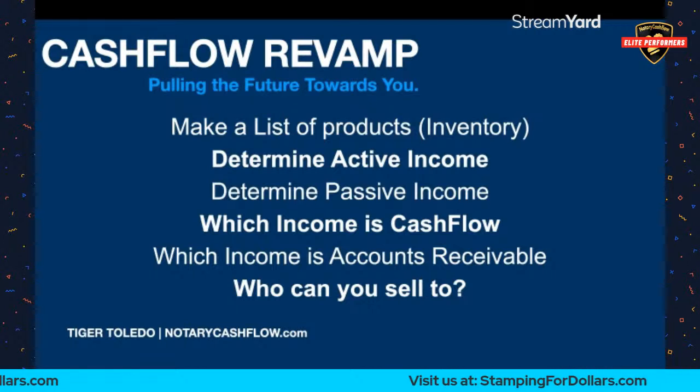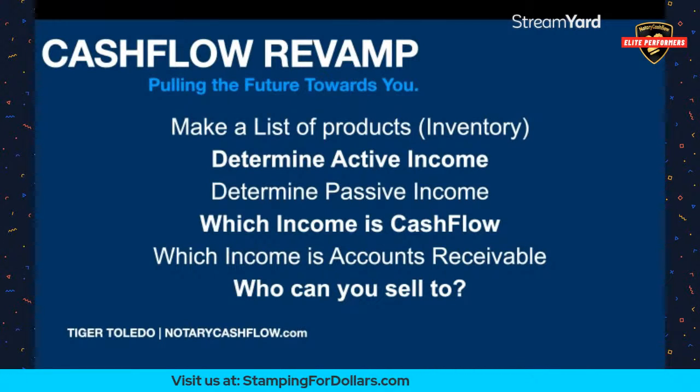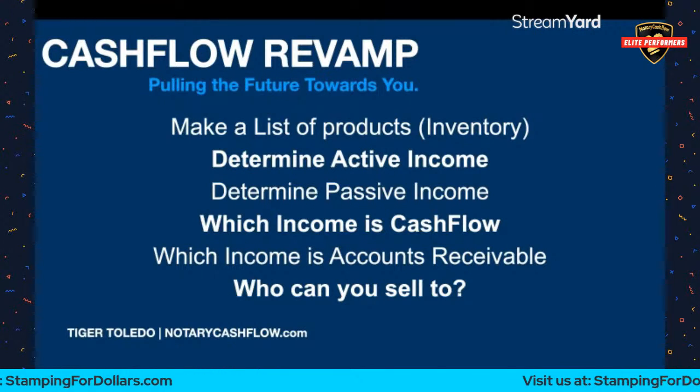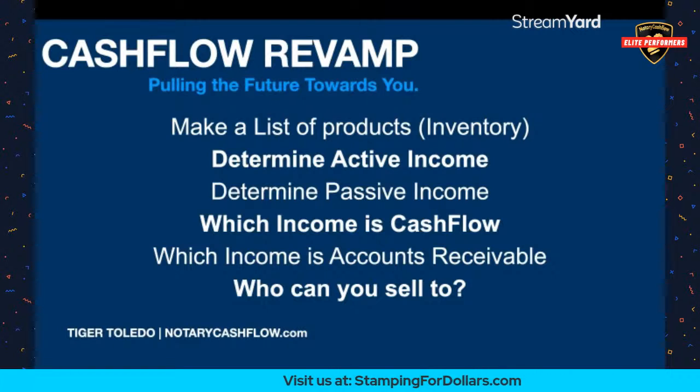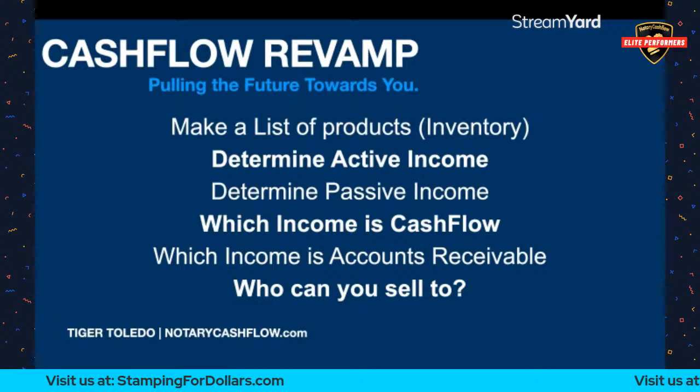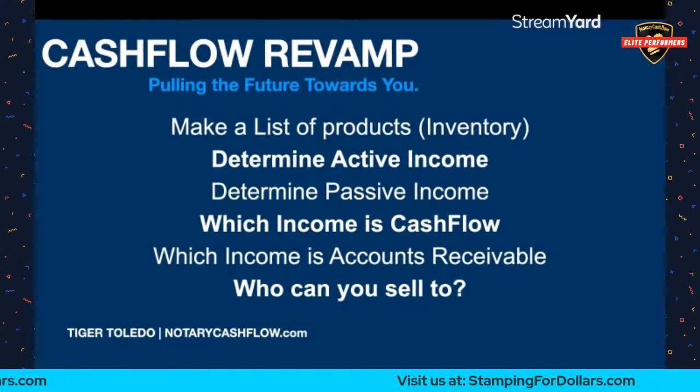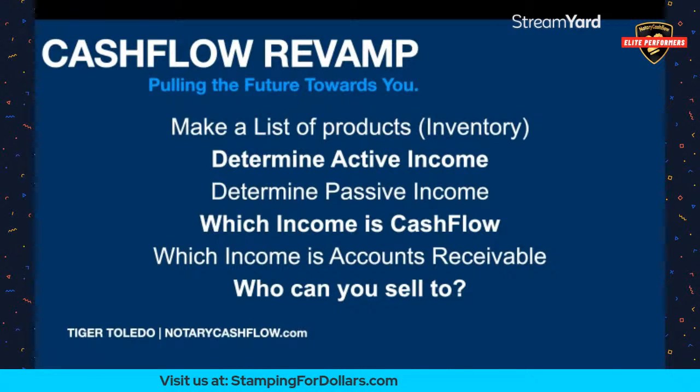The online course, they give you the option to choose. So you can do an active income where it pays out every single day or every week or every month. It's completely up to you. Of course, there's fees attached to that depending on the frequency that they're paying out, but you can either make it into cash flow or you can make it into account receivables.